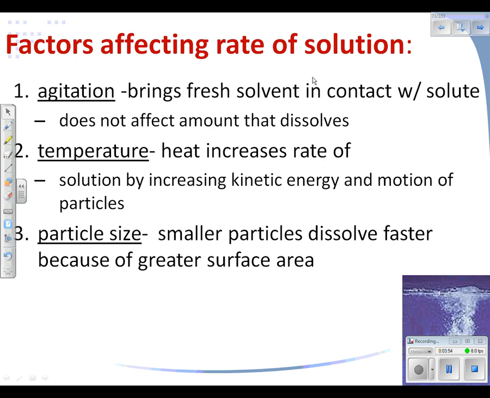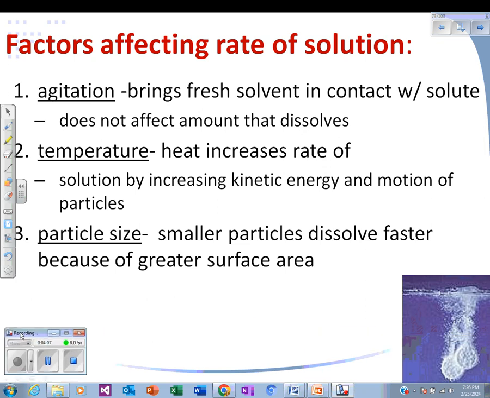And then the third one would be particle size. Particle size just has to do with how big the particles are. Smaller particles will dissolve faster because they have a greater surface area. When you think about sugar versus artificial sweeteners, the artificial sweeteners are more grainy and smaller pieces, so they seem to dissolve faster than regular sugar crystals.